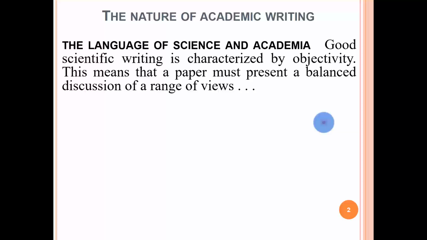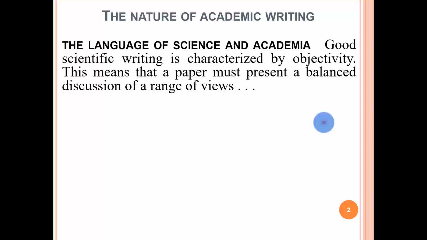So it has to be objective. This means it doesn't represent the ideas of the author or the authors. Rather, it represents the findings that the researchers have come through.